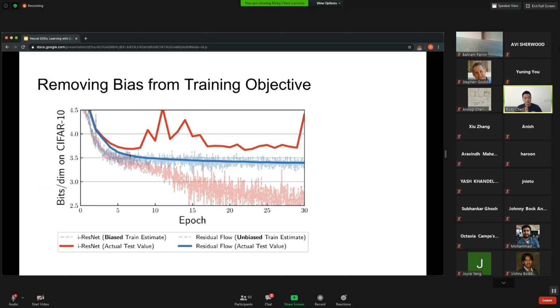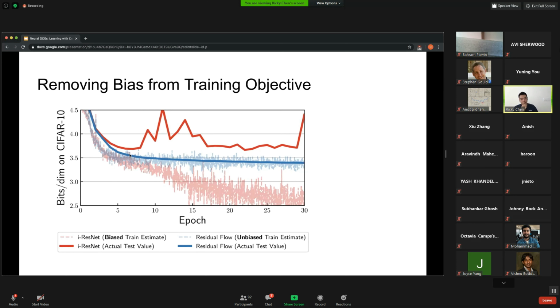So the biased estimator used during training is the red dashed line at the very bottom. It converges to something that's less than 1 bits per dimension. Bits per dimension is a unit of the negative log likelihood, something we want to minimize. But the actual log likelihood, which we used the unbiased estimator to compute, was closer to 4.